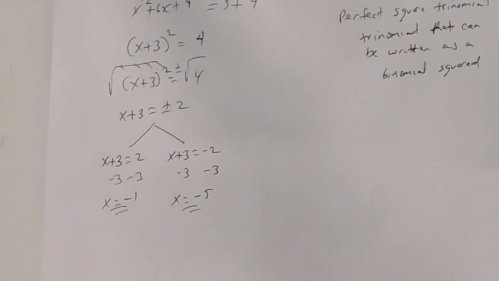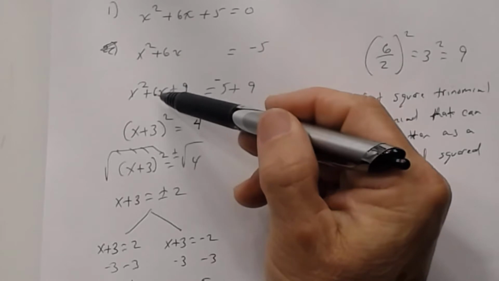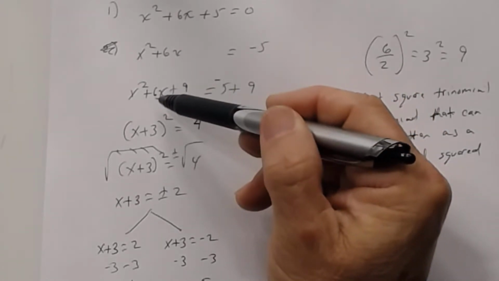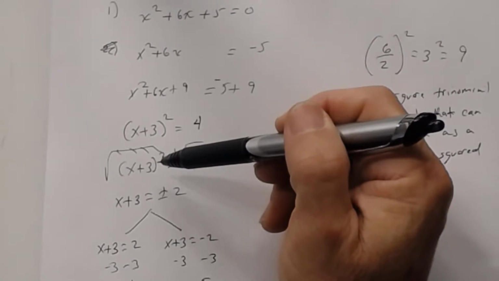So that is completing the square. Now the easiest trinomials to solve by completing the square are those where the coefficient of x is an even number. You see this is an even number right here? I made it an even number because that's the easiest to do first.